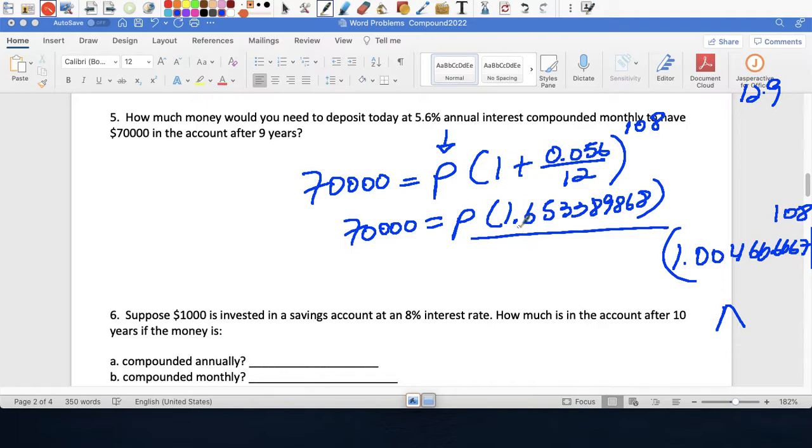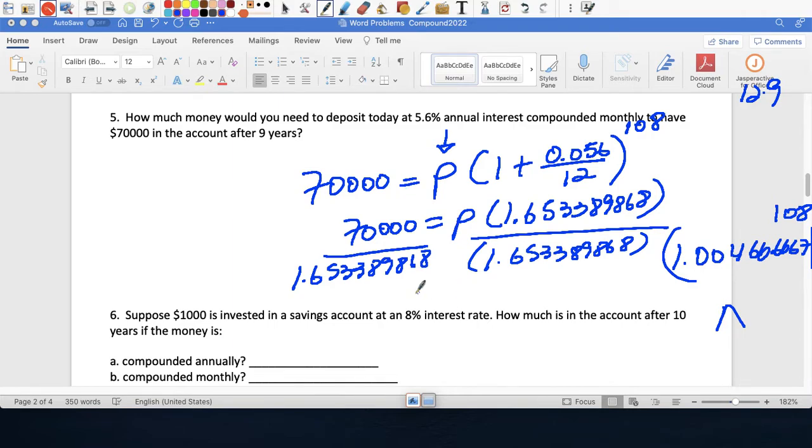So we're going to divide both sides by that number, 1.653389868. And I want you to use all these decimals because it just gives us a more exact value. So we're going to divide 70,000 by 1.653389868.